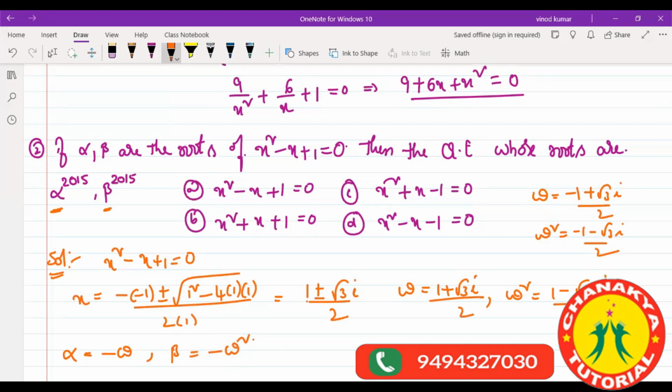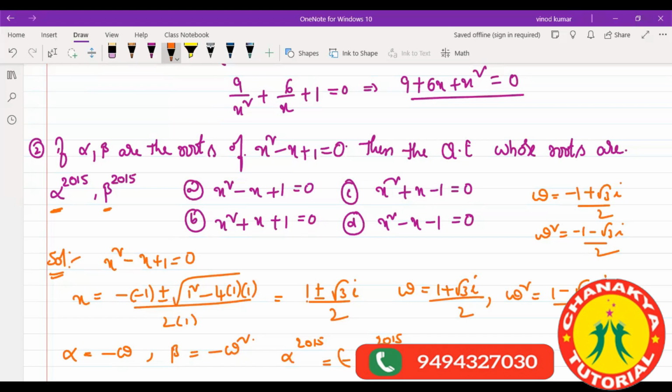Then we can find alpha power 2015, so minus omega power 2015. Since the power is an odd number, it stays minus omega power 2015. We know omega cube value is 1.